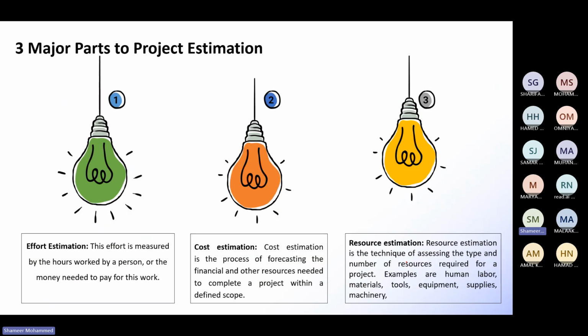Three parts of estimation: one is people, another is time, another is resources, that is the materials, the hardware, the software, what you need to do the project, that you are going to estimate. Estimate means calculate. So three important estimates.